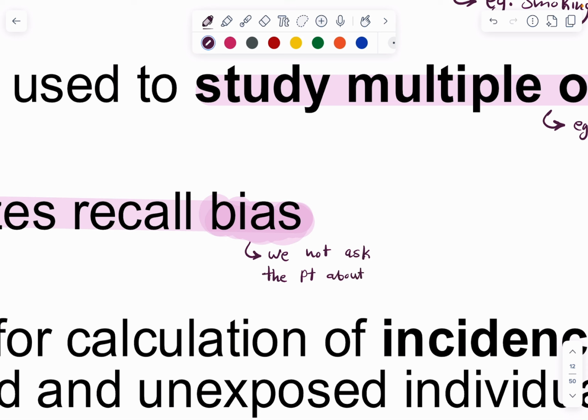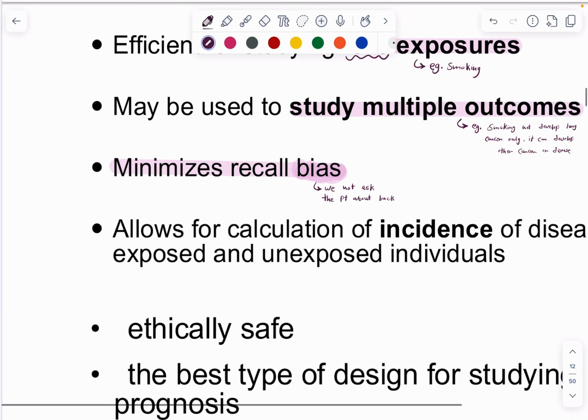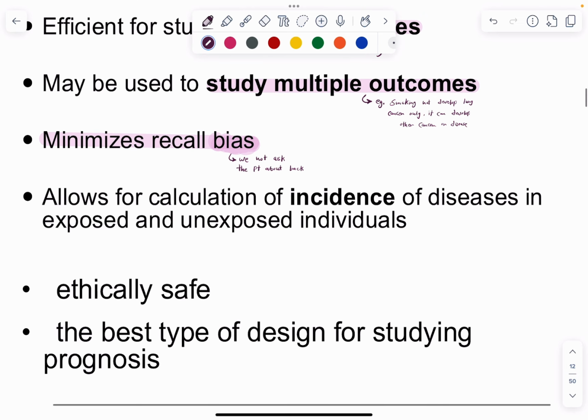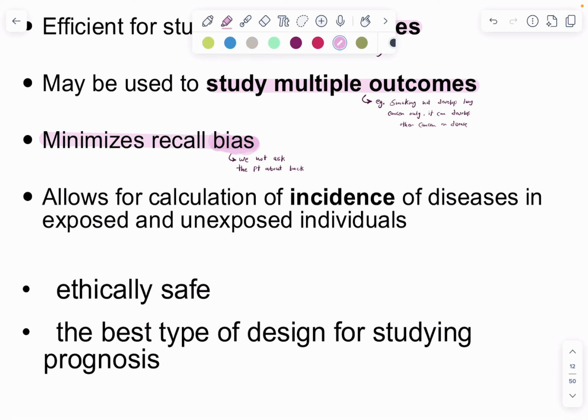Then we have: allows for the calculation of the incidence of diseases in exposed and unexposed. Whenever we are able to calculate the incidence, the new cases, everything has happened before our eyes. So we can assure as an investigator that this is the cause, this is the effect. You are not confused anymore, because you have followed it for 10 years.